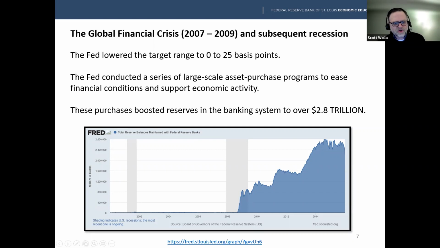If you're familiar with FRED, this is a free data website that's hosted by the St. Louis Fed. And you can find almost any economic data you're looking for on FRED, and you can use it to create graphs. But the purpose of this graph, this is the total reserve balances maintained by Federal Reserve banks. So this is reserves in the banking system, okay?